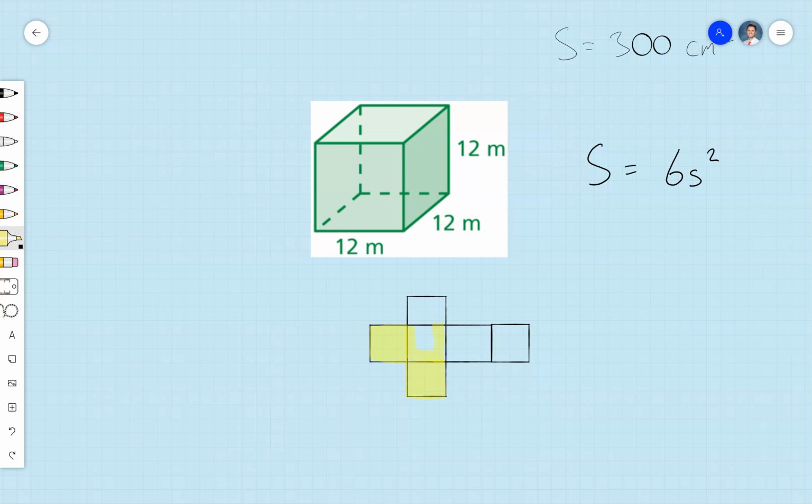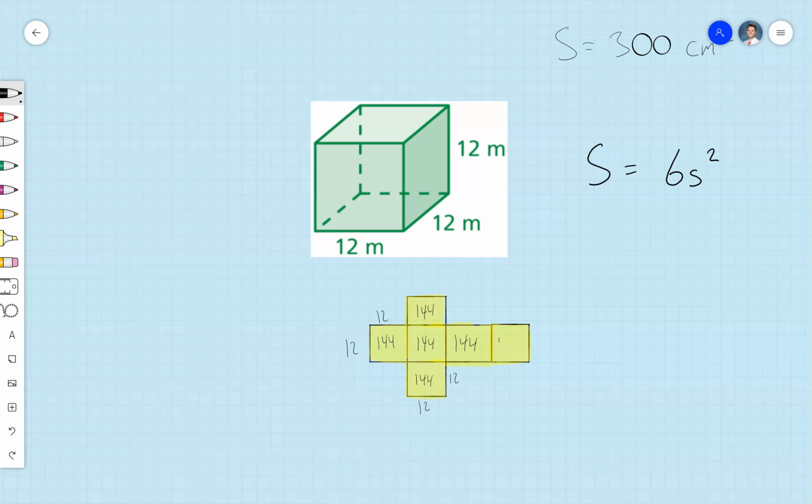If this were an actual cube, each would have the same area. We would have length times width to find the area of each of those. If they're all 12, this would be 12 times 12, and this would be 12 times 12. So all of them would be 144 square meters.